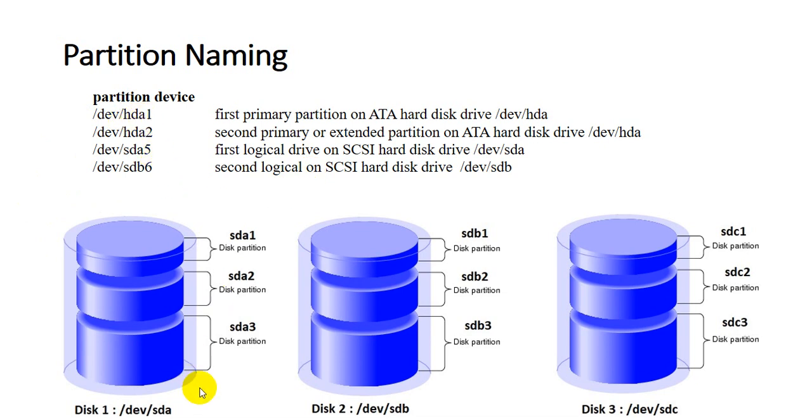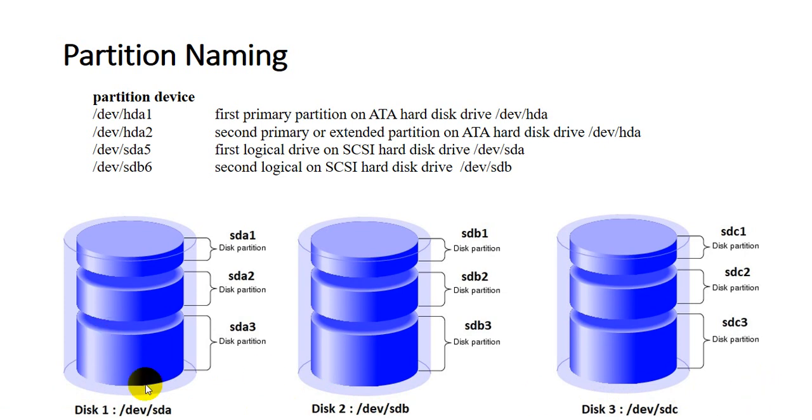If you attach a SCSI disk drive into the Linux system, it will be detected as sda. So the first SCSI disk will be detected as sda. The second disk will be detected as sdb. Then the third SCSI disk will be detected as sdc, and so on. The fourth will be sdd, the fifth will be sde.